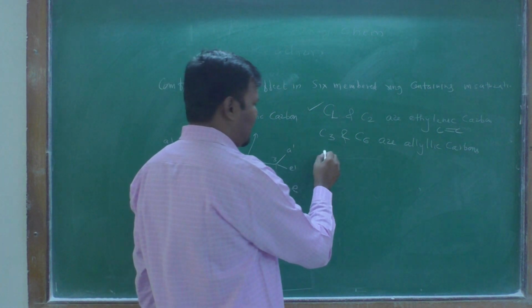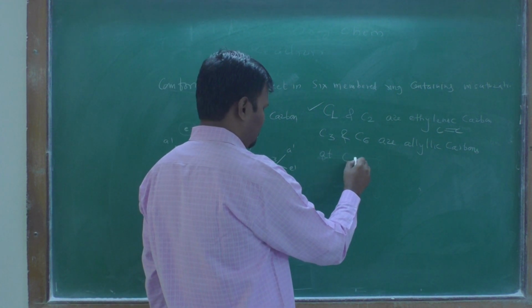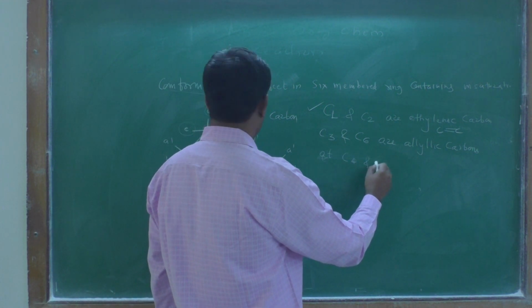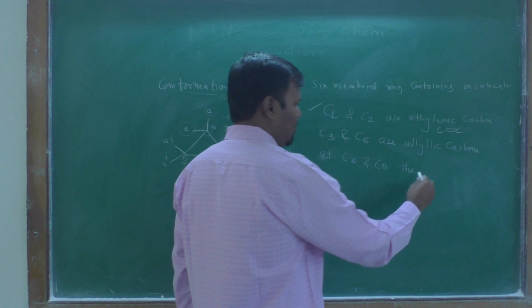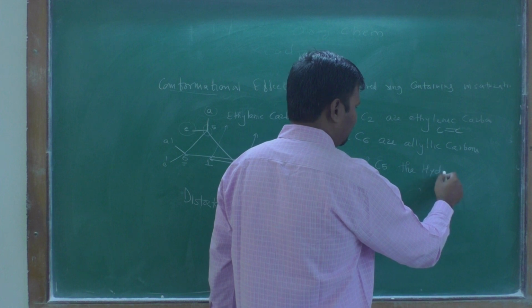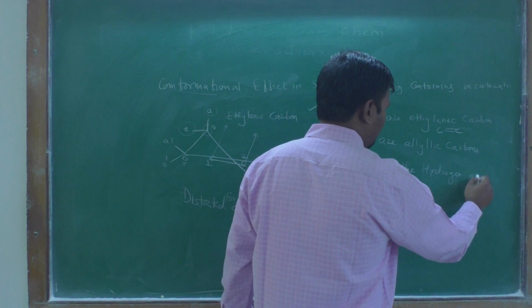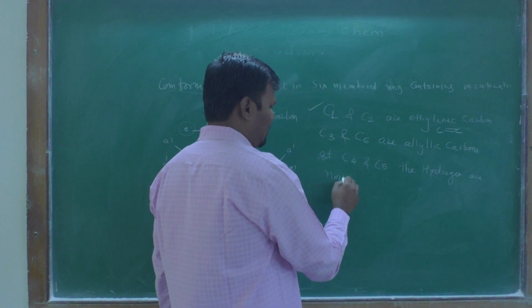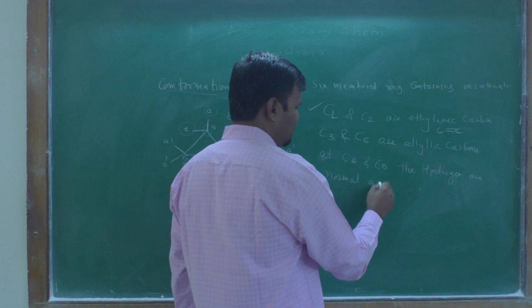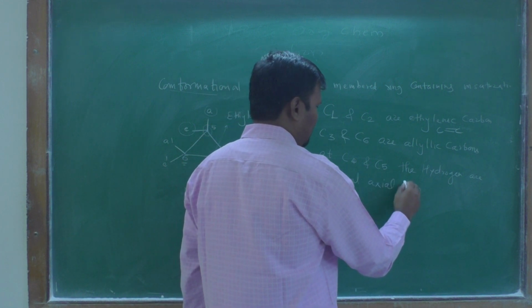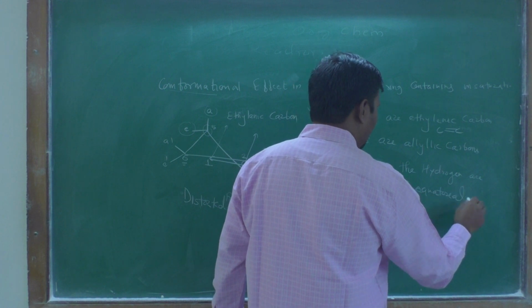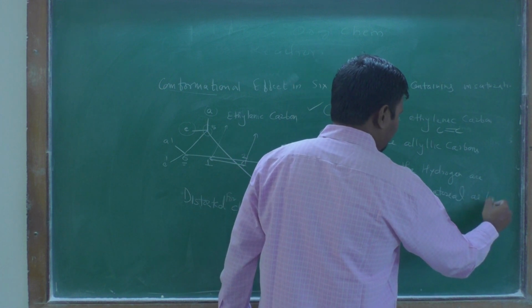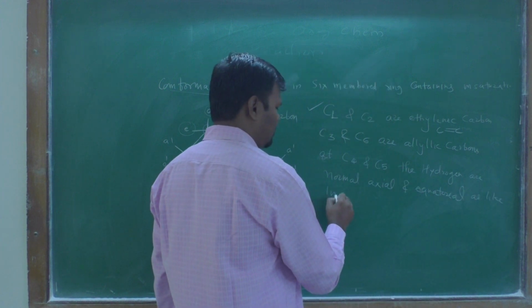Therefore at C4 and C5, the hydrogens are normal axial and equatorial, as in cyclohexane.